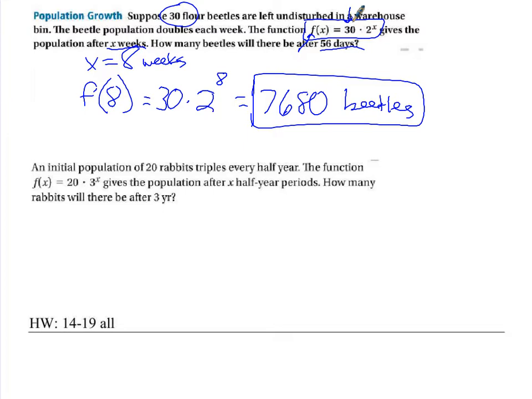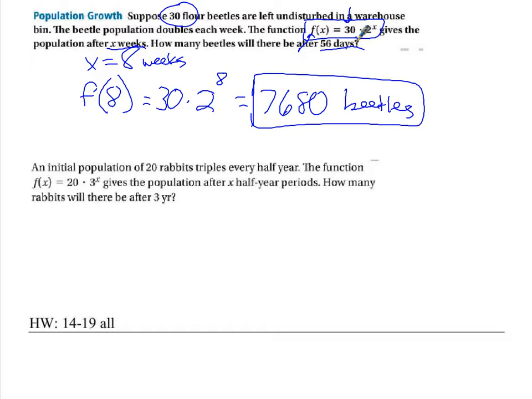None. 0 weeks. So if I plug in 0 right here, I'd have 2 to the 0, which is 1. And then I'd have 30 times 1, which is 30. So when 0 weeks has gone by, I have 30 flower beetles, exactly what they told me that I had. So it makes sense that this number right here is the starting amount, however many you had.